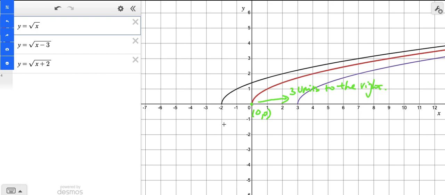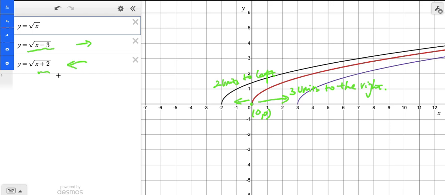And for the black one, from the red to the black, it's 2 units to the left. And if we think about the function here, x minus 3 is 3 units to the right, and x plus 2 is 2 units to the left, just quite the opposite way.